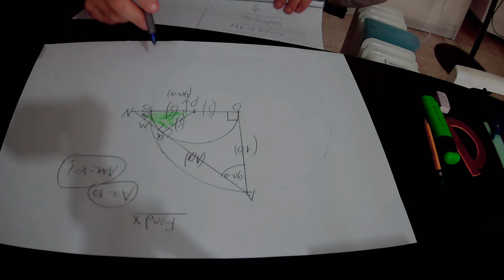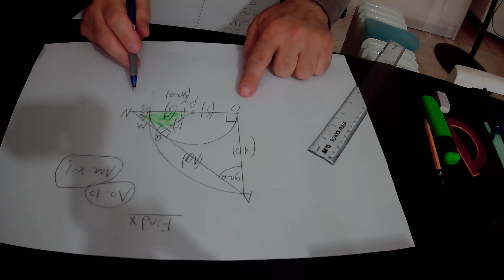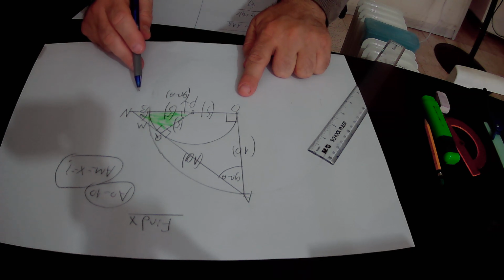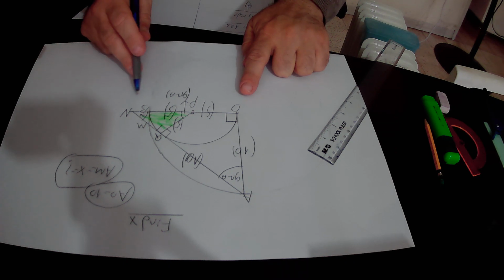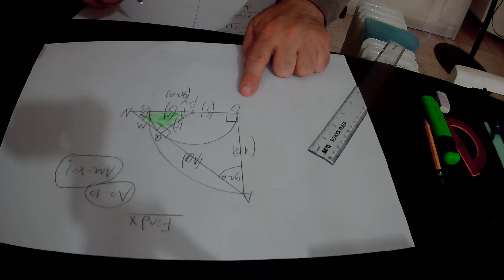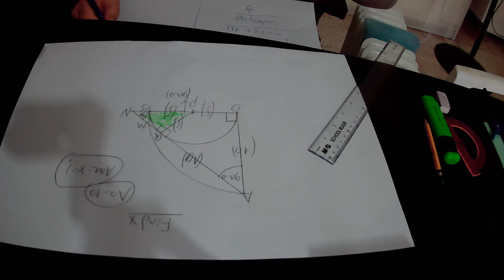So ON equals OB plus BN. OB is the diameter of the semicircle, that is 10, which is 5 plus 5, plus BN. So in total, ON equals 10 plus BN, over QN.